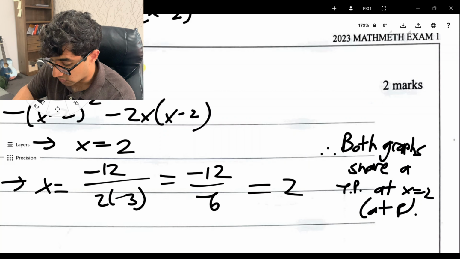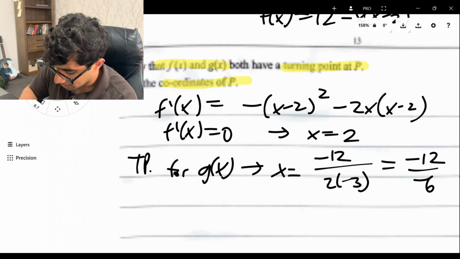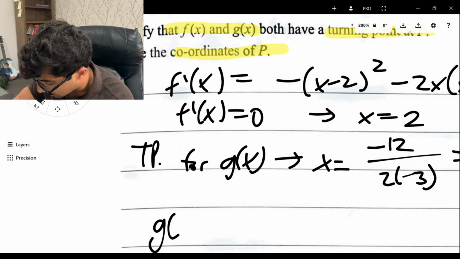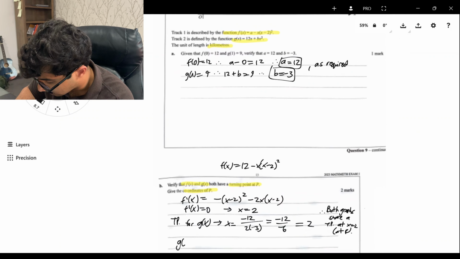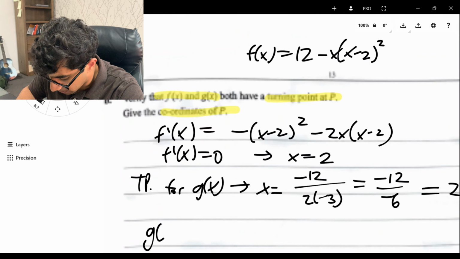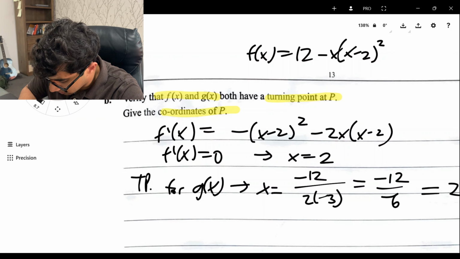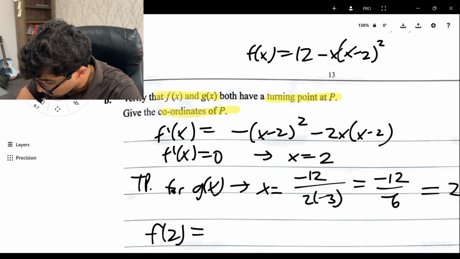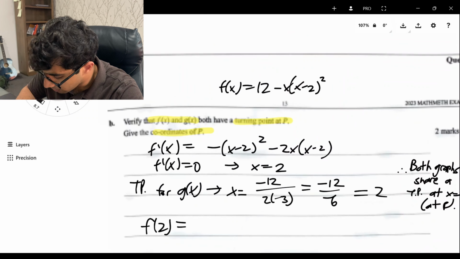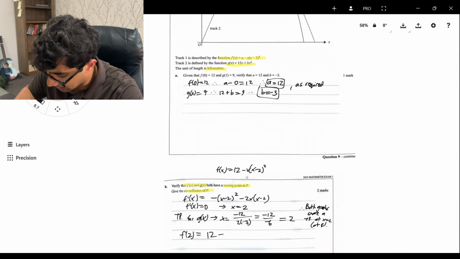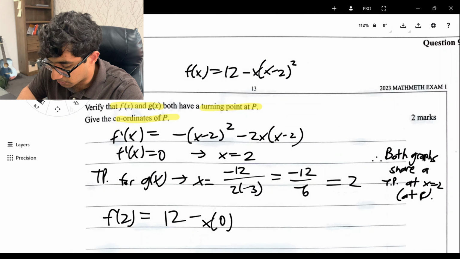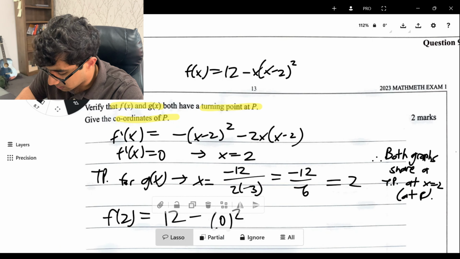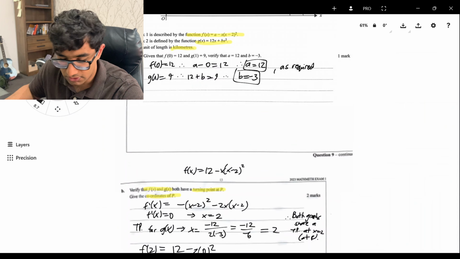And now all we need to do is find the coordinates of P, okay? So simple enough, I'm just going to sub x equals 2 into one of these equations. It'll be easiest if I sub it into f, actually. So f of 2 is just going to equal 12 minus 2 times 0 squared, basically, because you can see that has x minus 2 squared there.